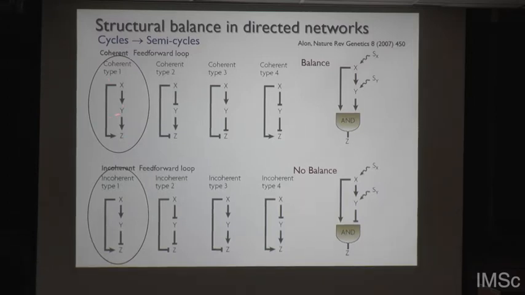Now, if you look at all the possible semi-cycles of this triad of nodes, you would realize that you could have balanced or unbalanced semi-cycles. So, what are balanced semi-cycles? So, you would see that in all of these situations, whenever you have some state, either up or down, or some low or high state in x, it's consistent. You can consistently assign states in all the other nodes.